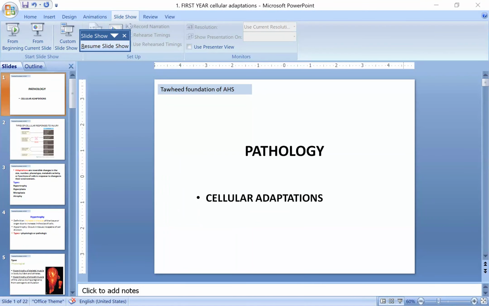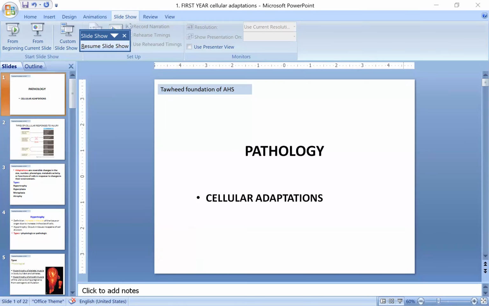If the nature of the stimuli is non-lethal, or it is not affecting that much, or a mild level of stress or injury is there, then our cell responds in a way that it will try to adapt to that kind of injury or stimuli. So cellular adaptations are those where the cell tries to adapt to that change or the injury or the stimuli.